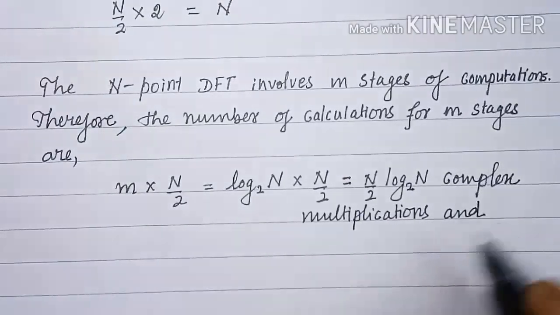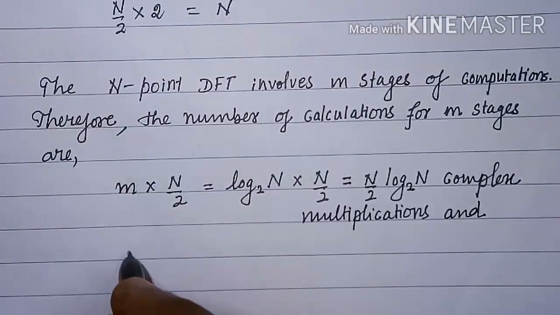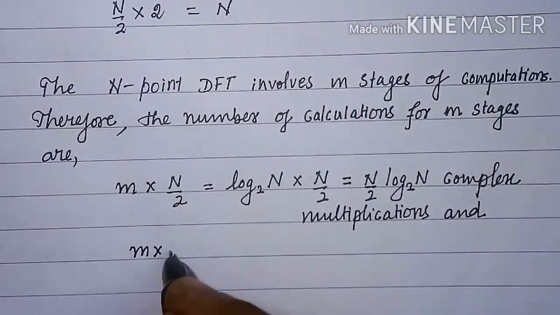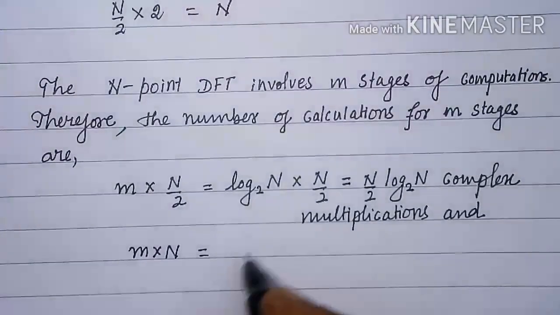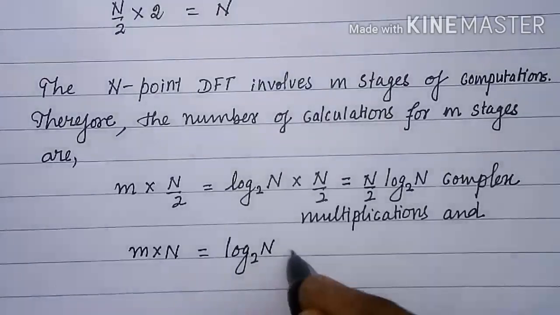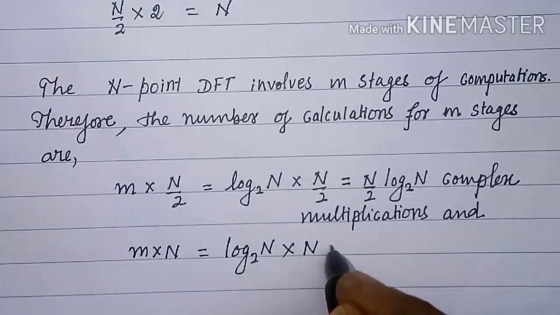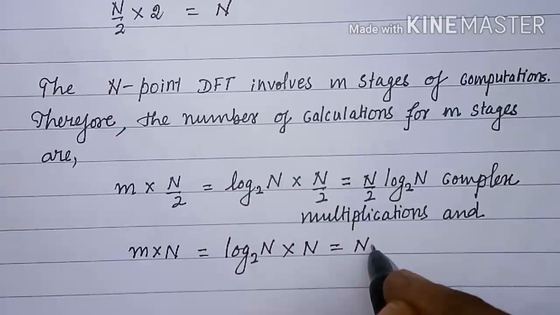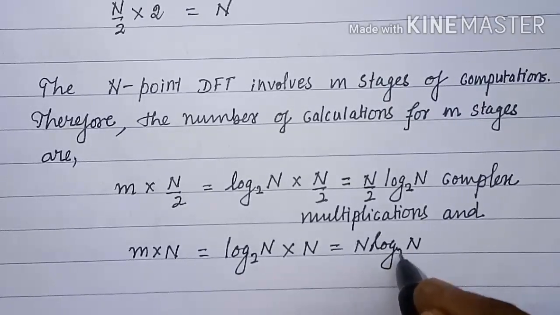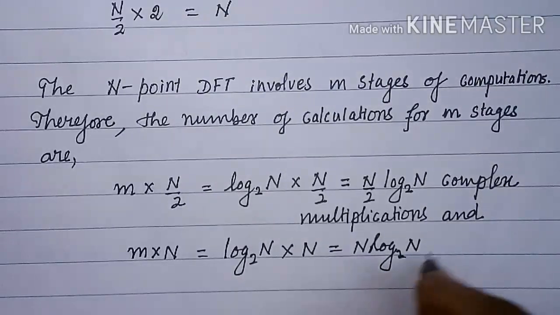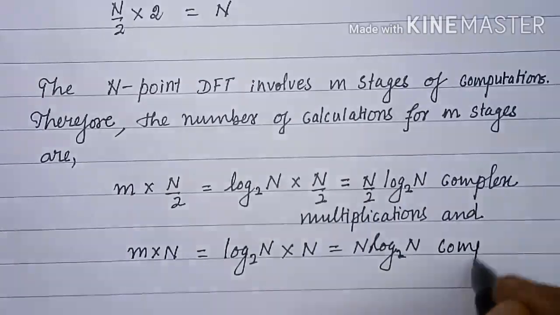And m into capital N, equal to log N to the base 2 into capital N, that is equal to N into log N to the base 2 complex additions.